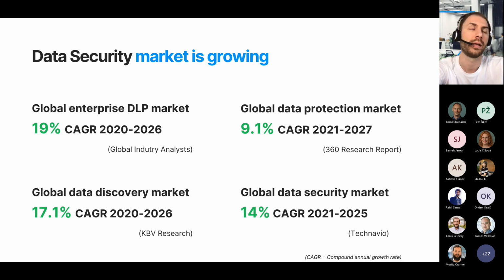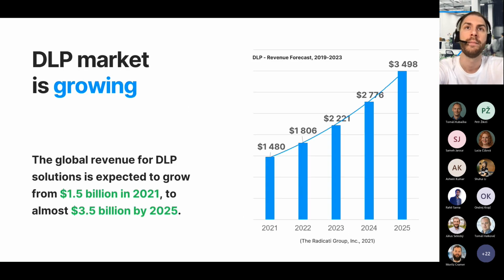And we expect further acceleration thanks to our expansion to a SaaS business model with Safetica Next. So there is a huge opportunity for us to grow together in upcoming years. To underline the tempo of growth, here is a sneak peek at the global DLP market growth that accelerates and should reach 3.5 billion US dollars by 2025.